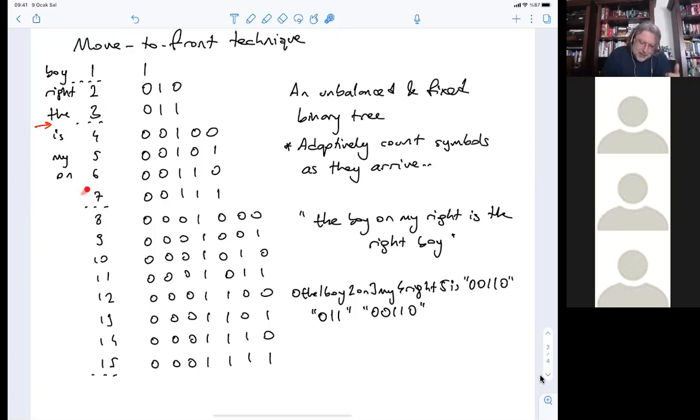If something among these arrives later on again, it will be represented using whatever it corresponds to in the code book, and its count will increase, and its place will be elevated. They will move to the front of this dictionary according to their counts. For example, if the count of this is 4, this is 3, this is 2, this is 2, this is 2, and one 2 is increased one more, then it will be at the top of the 3s, but after the 4, because its count is not 4.